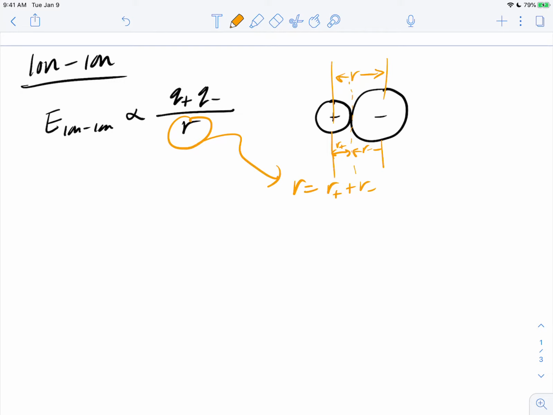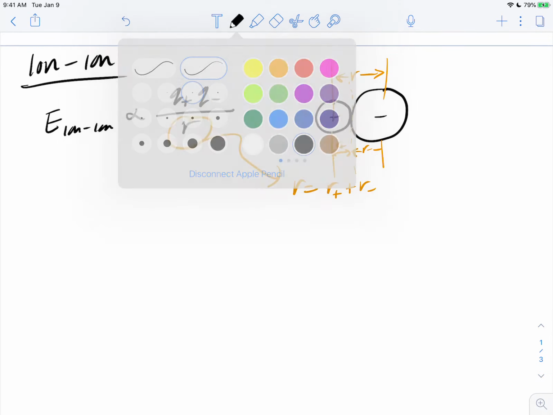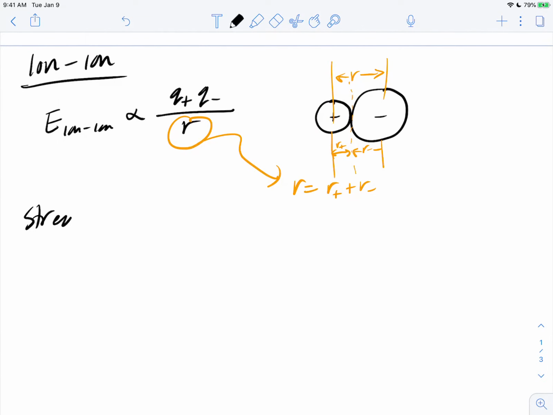so we have to be able to predict those using the periodic trends we've already learned. So the strength of ionic bonds, of ion-ion interactions, depends on the magnitude.